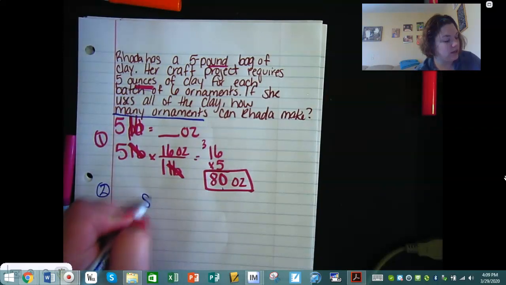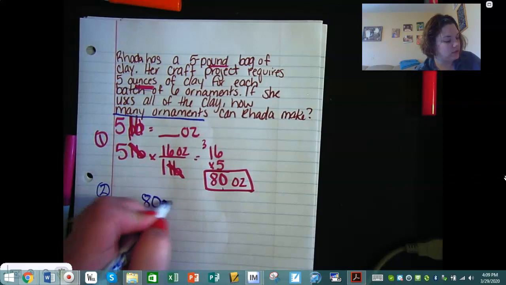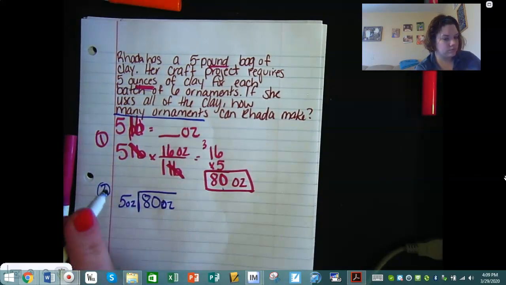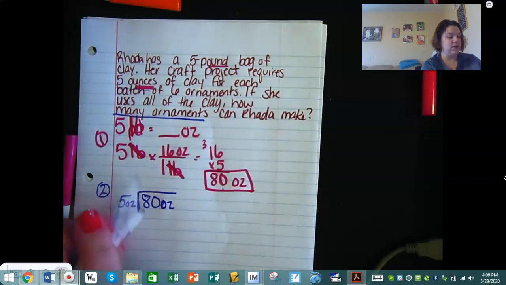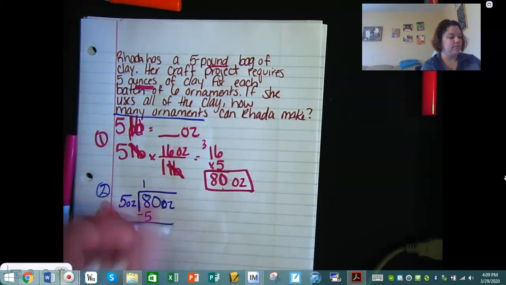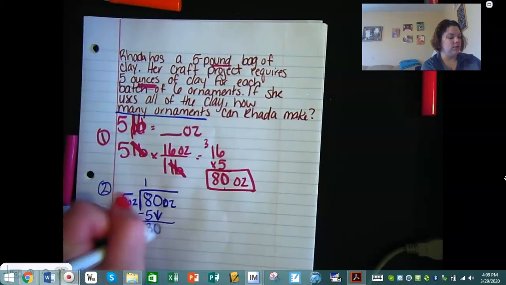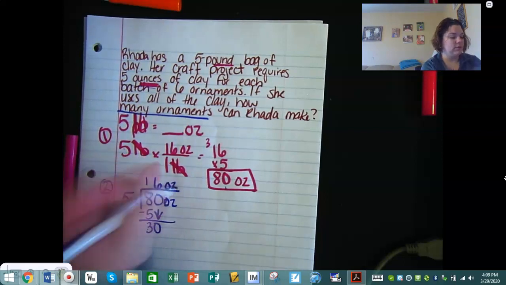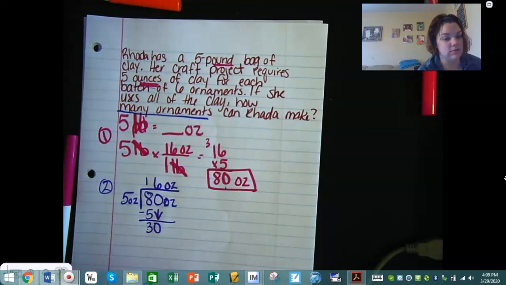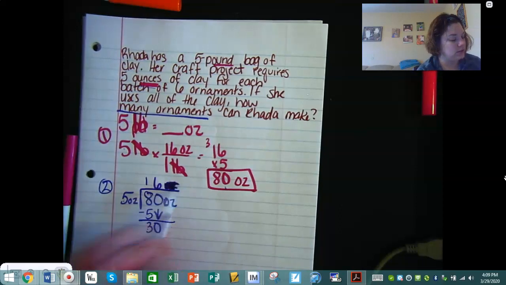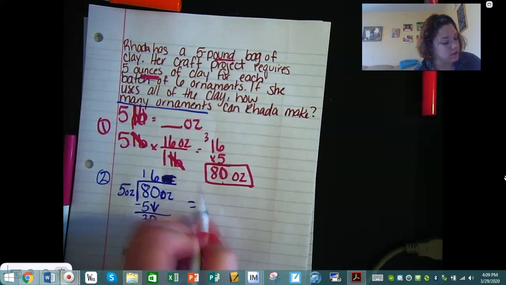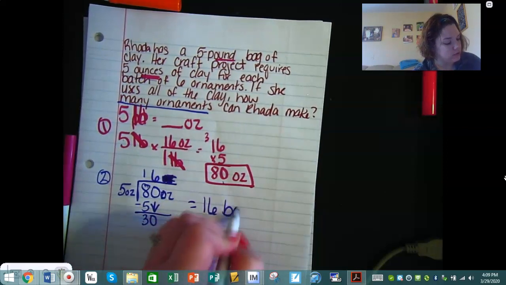So let's do 80 ounces divided by 5 ounces. 5 goes into 8 1 time. 8 minus 5 is 3. Bring down the 0. 5 goes into 30 6 times. Actually, it's just 16 batches. Okay? 16 batches.